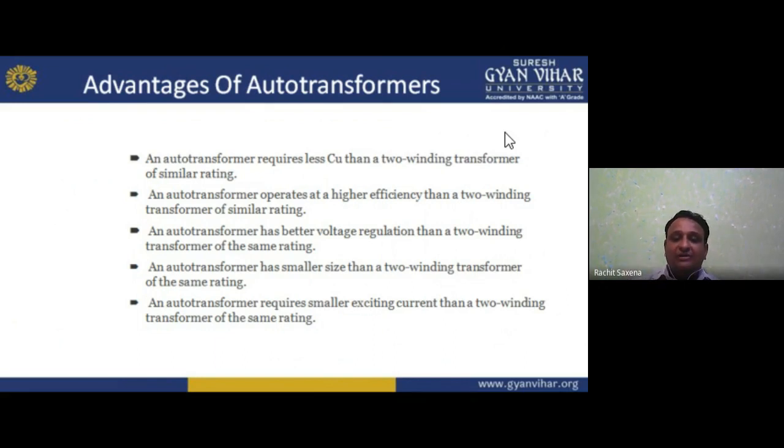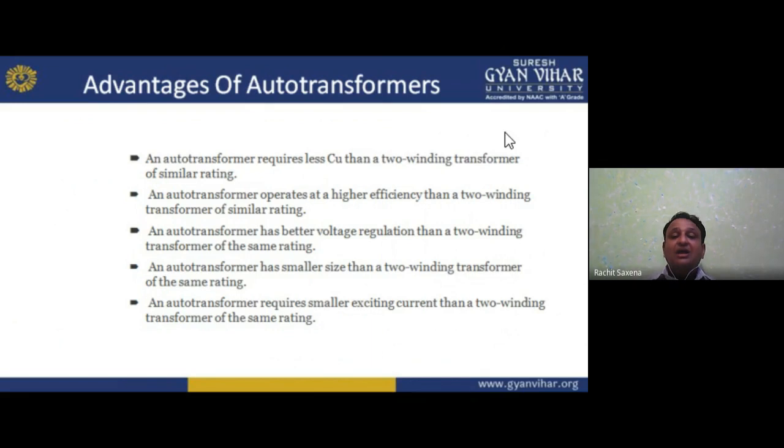Voltage regulation is basically the change in the terminal or secondary voltage from no load to full load. We get better voltage regulation compared to the two winding transformer of the same rating, not a different rating.